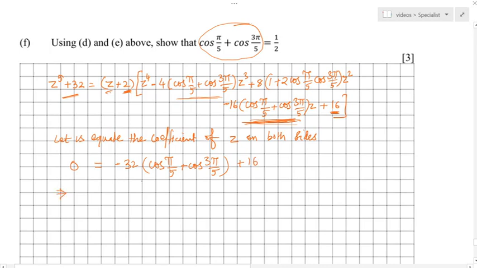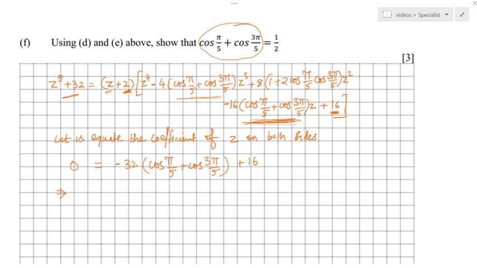Very simple. Let me again repeat: you got two polynomials which are equal, so the coefficient of each term on both sides has to be the same. So the coefficient of z to the power 5 will be equal to the coefficient of z to the power 5 on the other side.